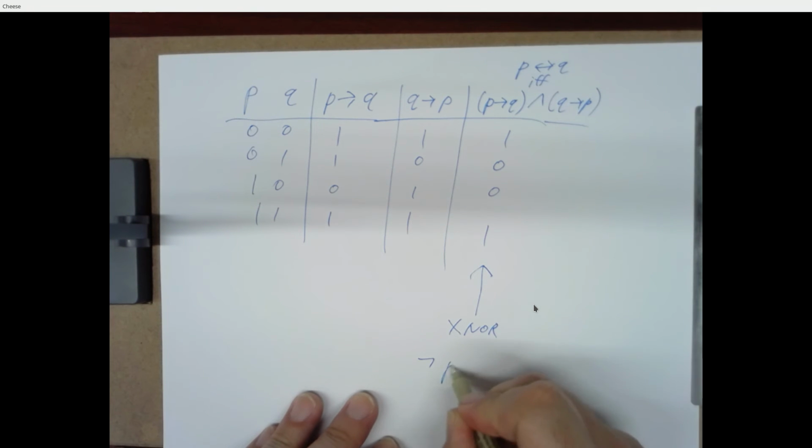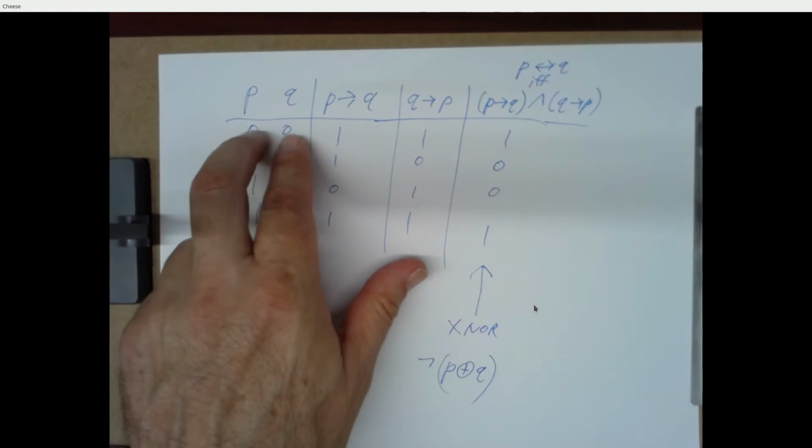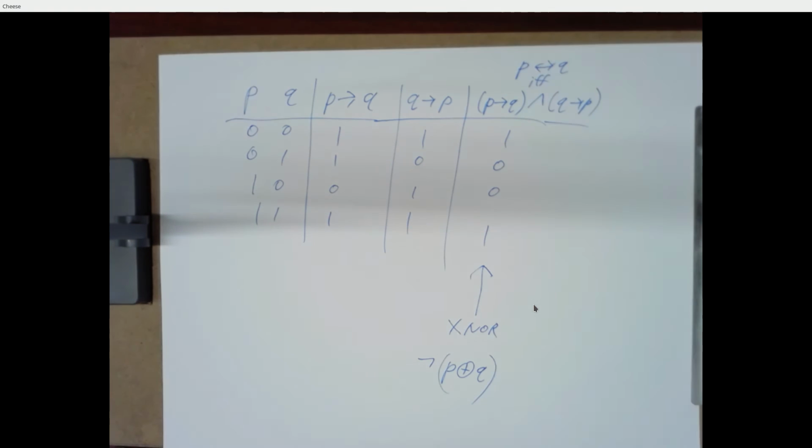It's a negation of the XOR. It's also sometimes called the equality function because if P and Q are equal to each other, then this function is true. So equality, negation of XORs, if and only if, biconditionals, these are all somehow the same thing, right? Different aspects of the same concept.